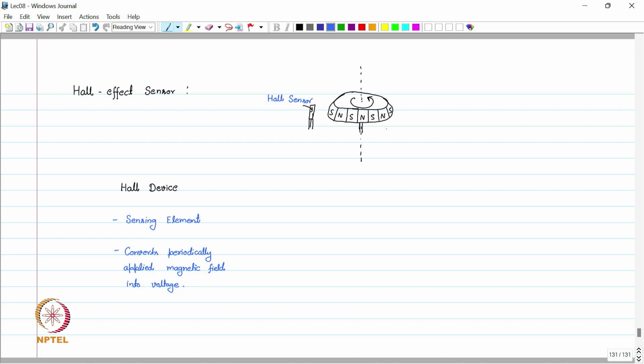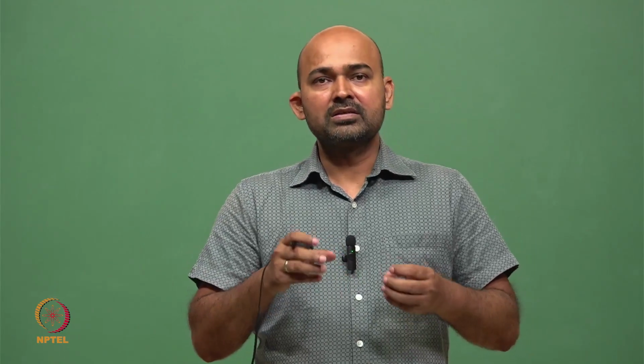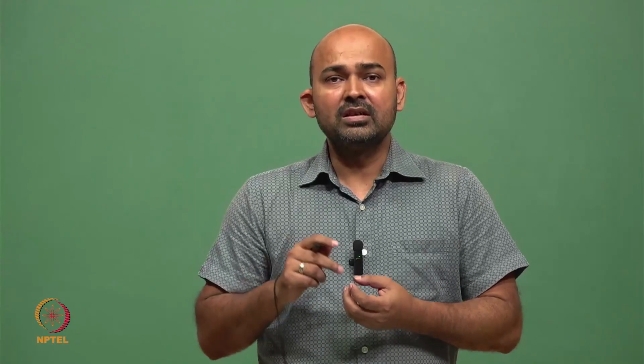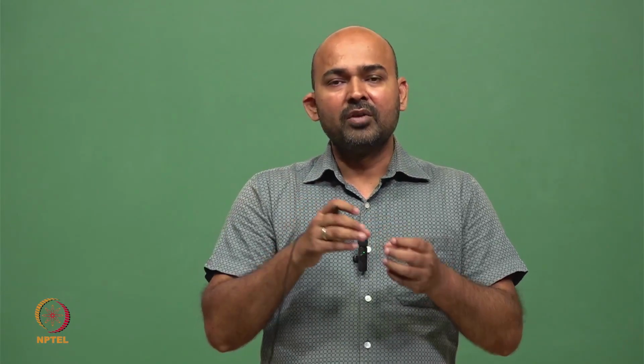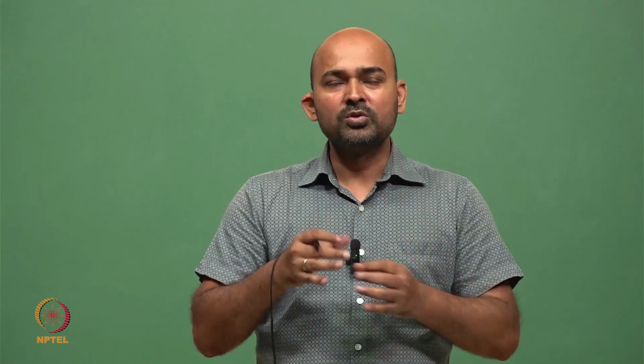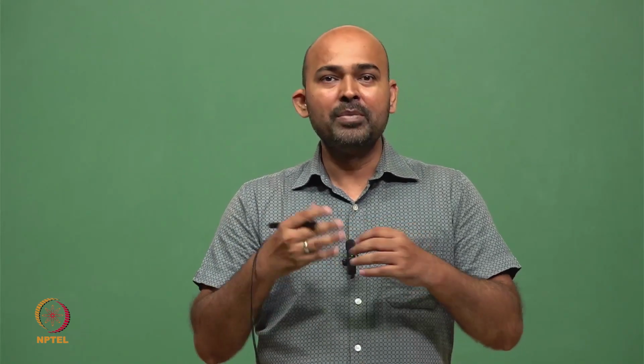So we have this Hall device, which is the sensing element, and it is converting the magnetic flux linked by these permanent magnets placed on this disk. This flux is converted into a voltage by this Hall device or Hall sensor. Now this developed voltage is very small in magnitude, only a few millivolts. This very small magnitude is not suitable for processing using the extra electronics, so first we have to amplify it.